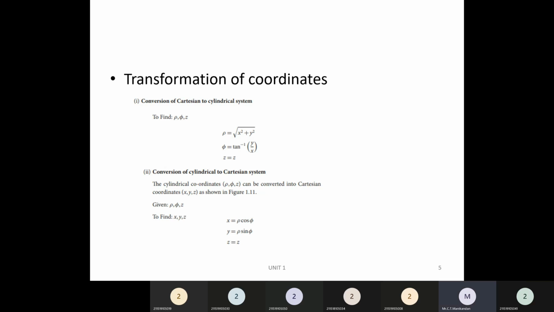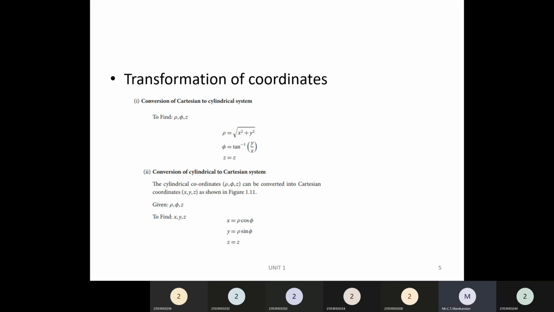We have three coordinate systems: Cartesian coordinate, cylindrical coordinate, spherical coordinates. When you transform a point from Cartesian to cylindrical, say for example, I have given it as 2, 3, 5.